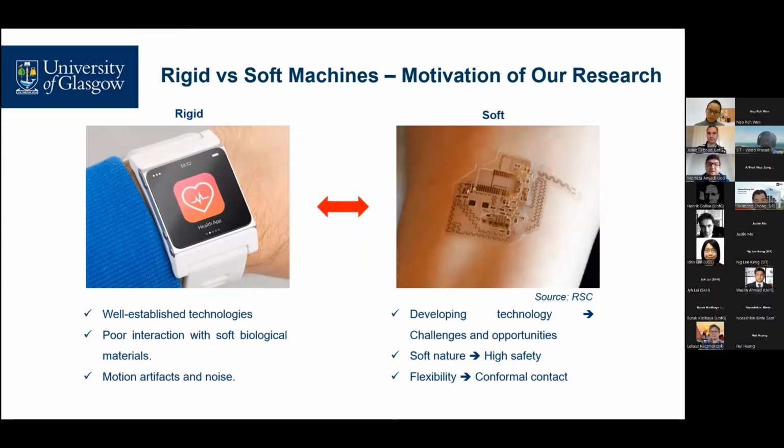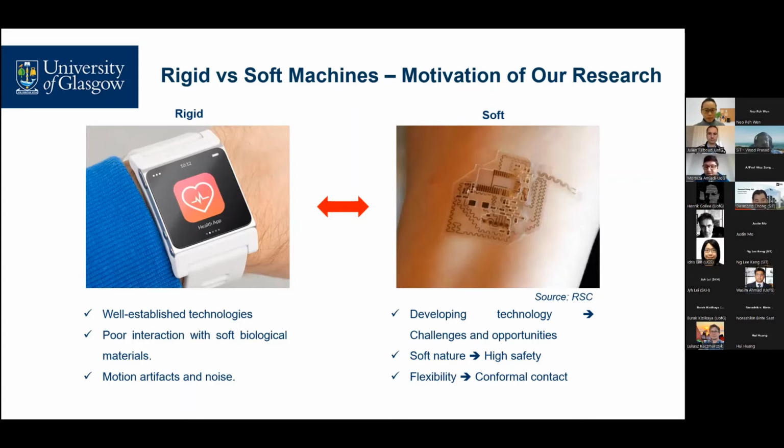They are especially like robots or systems that can be very accurate and can be programmed easily. However, these devices are made of rigid components. That means their interaction with soft biological materials, with the human body, is usually poor, which can lead to motion artifacts and noises.